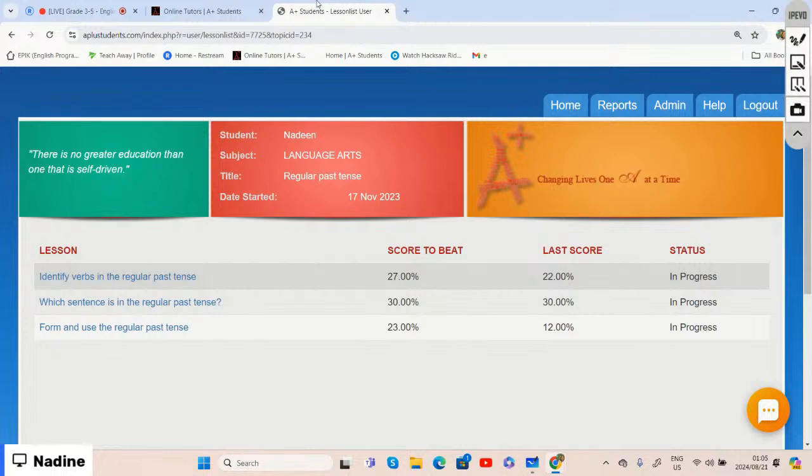All right, so regular past tense is a continuation of our previous lesson. Today we are going to continue with our lesson on regular past tense.